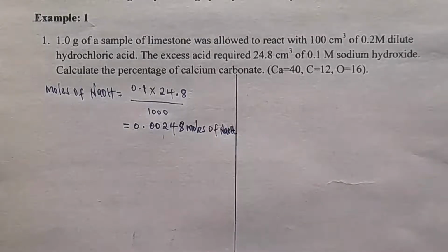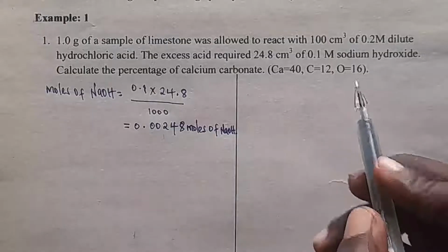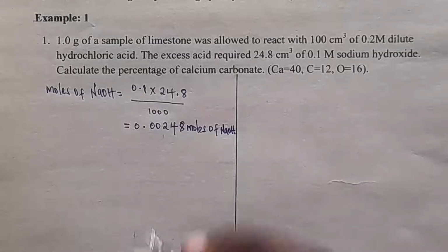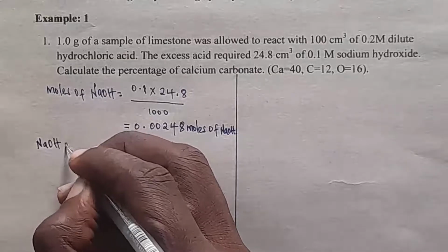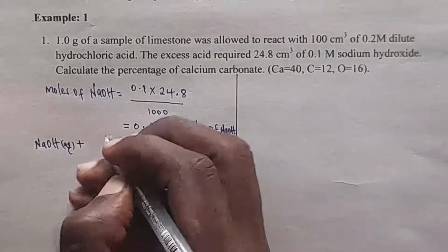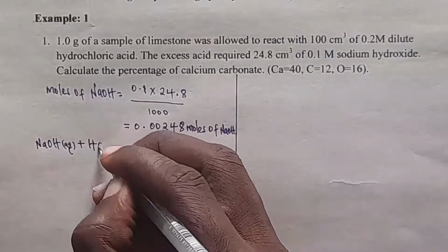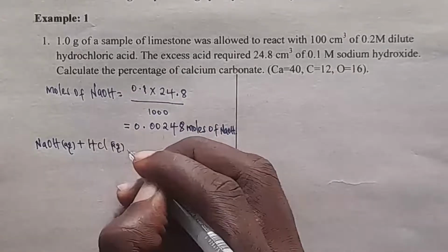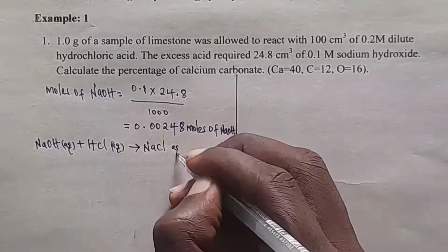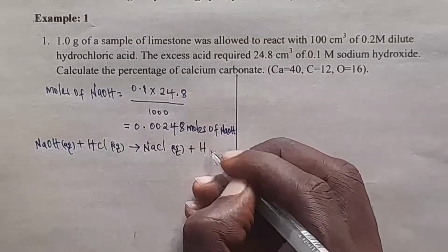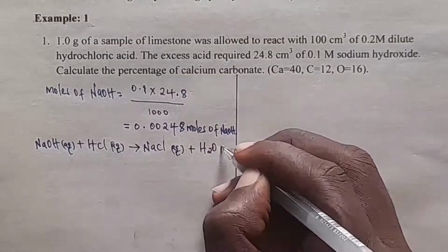The next step, we have to write the reaction between sodium hydroxide and hydrochloric acid. So we are going to write sodium hydroxide, which is a solution, reacting with hydrochloric acid, which is also a solution. We are going to get sodium chloride, which is a solution, plus water, which is liquid.